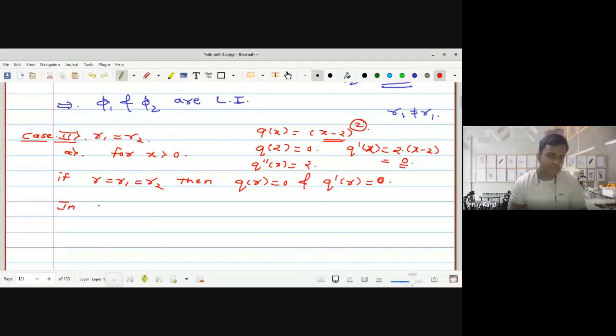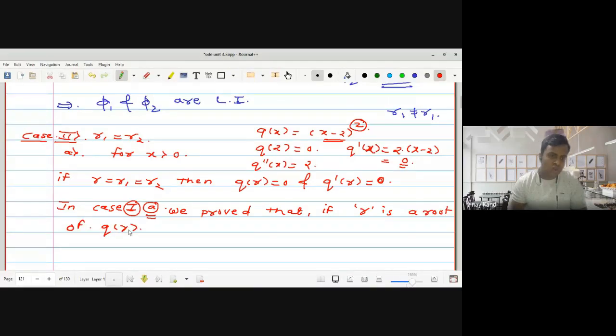Okay, in case 1, part a, we proved that if r1 is a root of q of r, that characteristic polynomial, then the function phi 1 of x is equal to mod x raised to r1 is a solution of L of y is equal to 0.